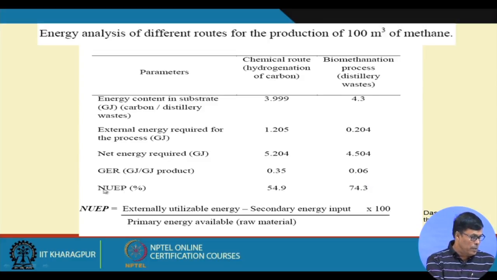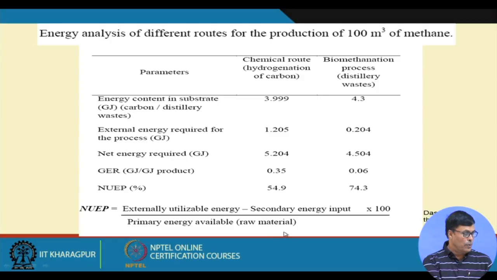This is a very interesting parameter, what you call net utilizable energy product. This is equal to externally utilizable energy minus secondary energy input. This is what you call secondary energy input. So externally utilizable energy is this much, this minus this divided by primary energy available.